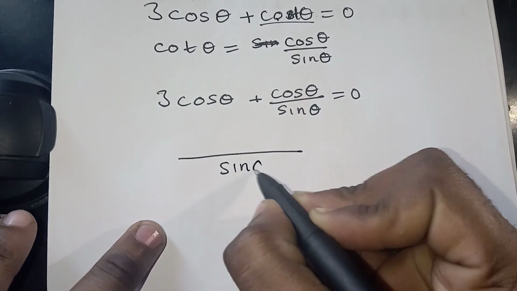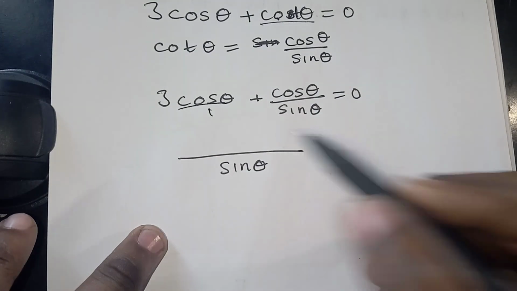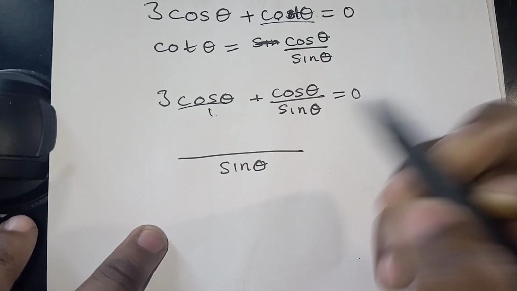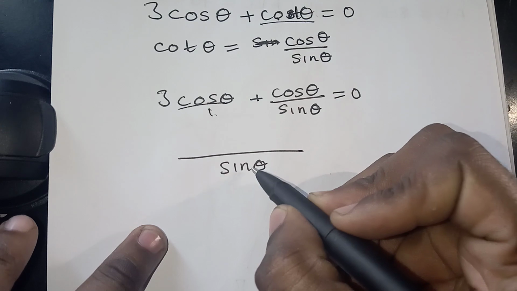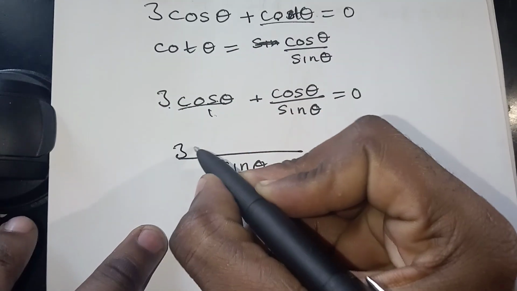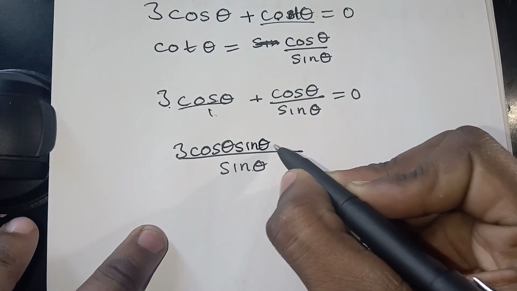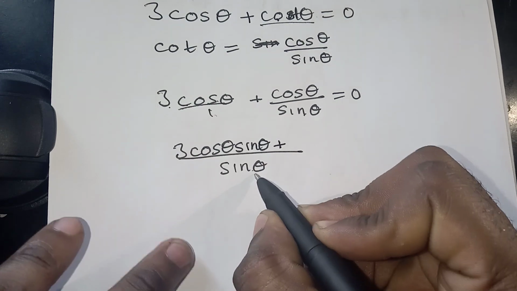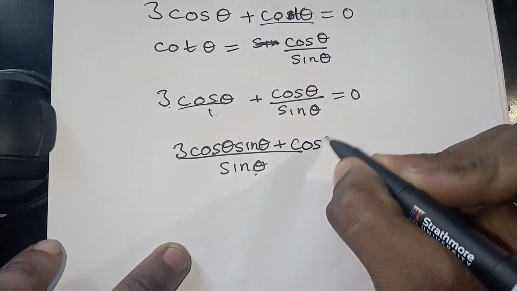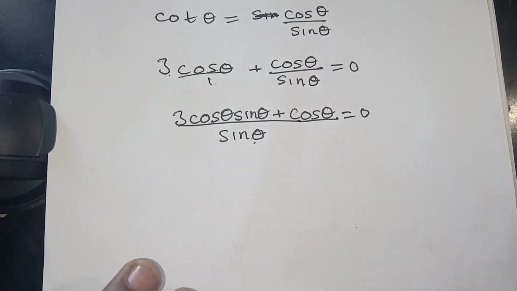So the common denominator is sine, and some people put a 1 here. So 1 into sine theta is sine theta. Then sine theta times 3 cos theta is 3 cos theta sine theta. Then plus sine theta into sine theta is 1, 1 times cos theta, still cos theta. Then this is equal to 0.